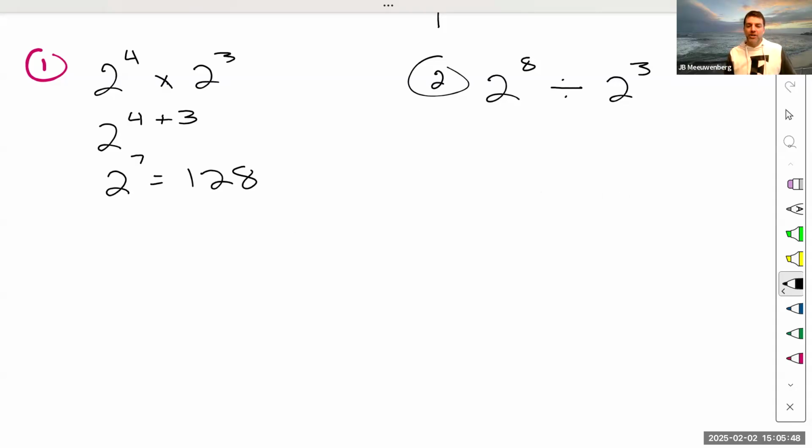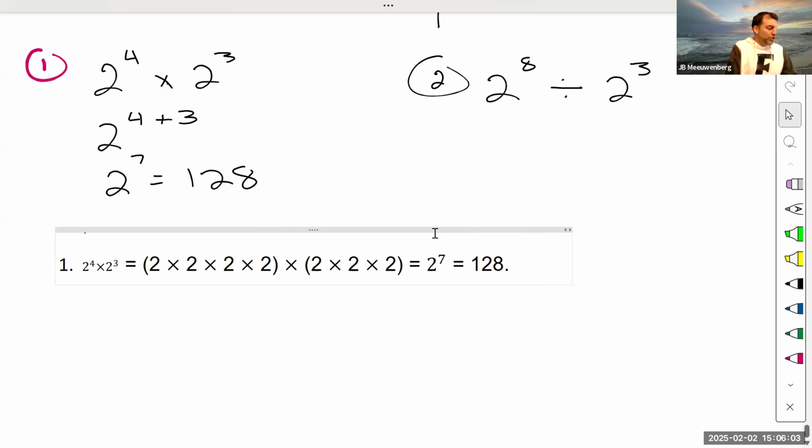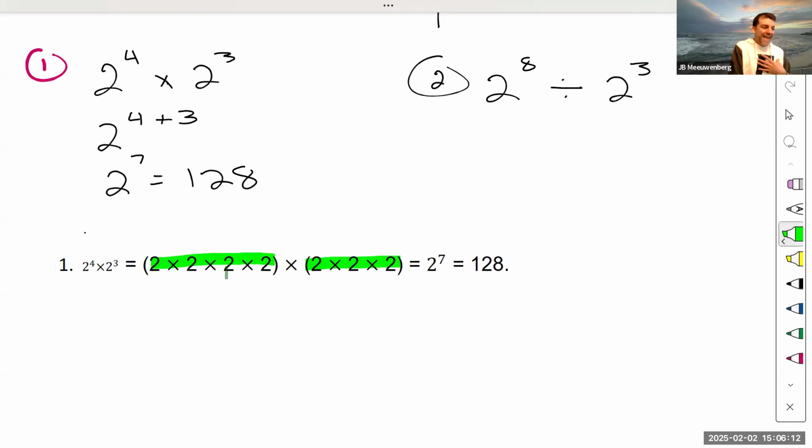And again, the reason why this works is because if you think about what 2 to the 4th times 2 to the 3rd means and wrote them expanded, it ends up being a total of 7 2s all multiplied together, which is then 128.